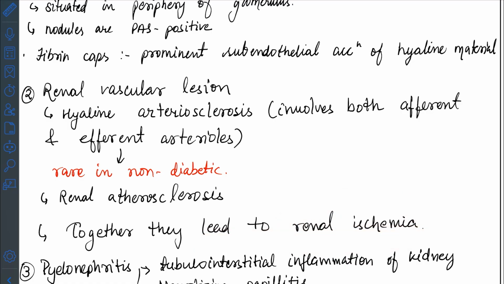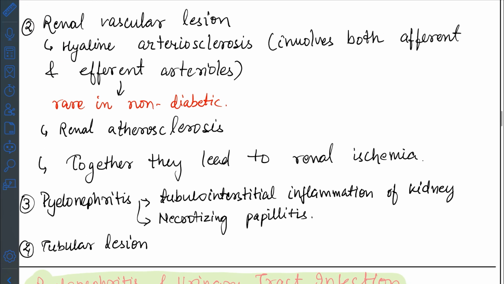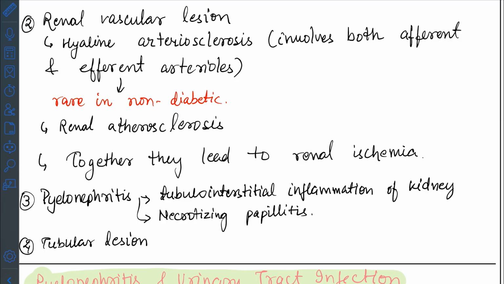Now, pyelonephritis and tubular lesions are also seen. Pyelonephritis is tubulointerstitial inflammation of the kidney, and it can further lead to necrotizing papillitis. You don't really have to remember each and every term, but try to understand this.